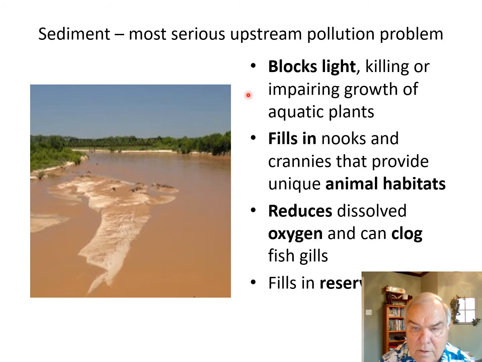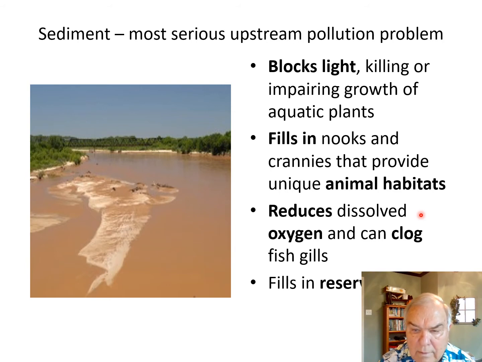First of all, it blocks the light, pretty self-explanatory. And when you don't have light, you don't have sufficient light intensity for either planktonic or benthic plants to grow in the water column. That same sediment will fill in little nooks and crannies that had previously provided unique animal habitats, crawfish and so forth.